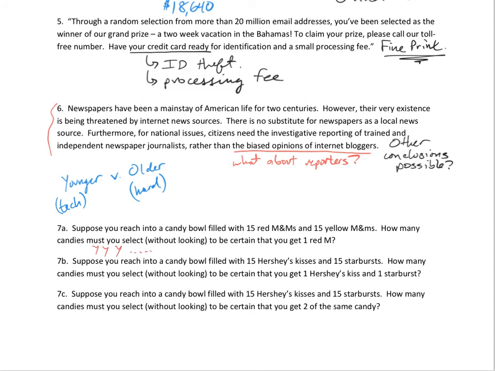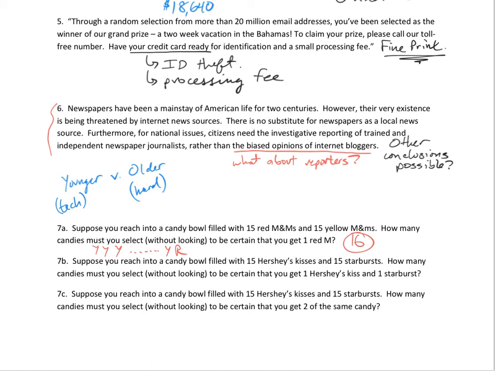How many M&Ms do you have to pull out of the bowl before you can be 100% sure that you get a red one? Well, if you pull out all the yellows, it could happen. All 15 yellows for your 15 picks, and then you pull out a red. You have to pick out 16 to be 100% sure that you will get a red M&M.